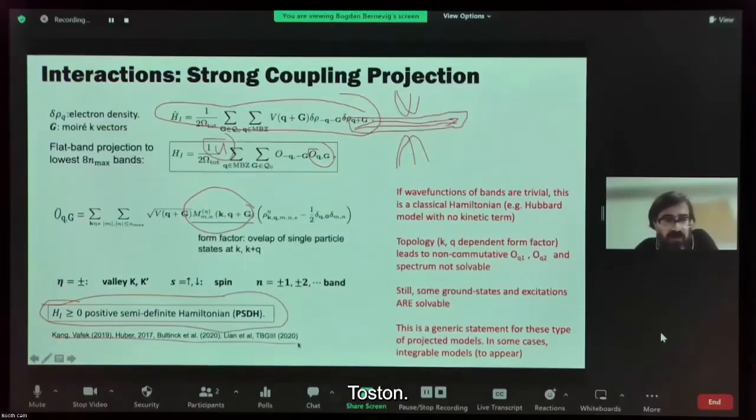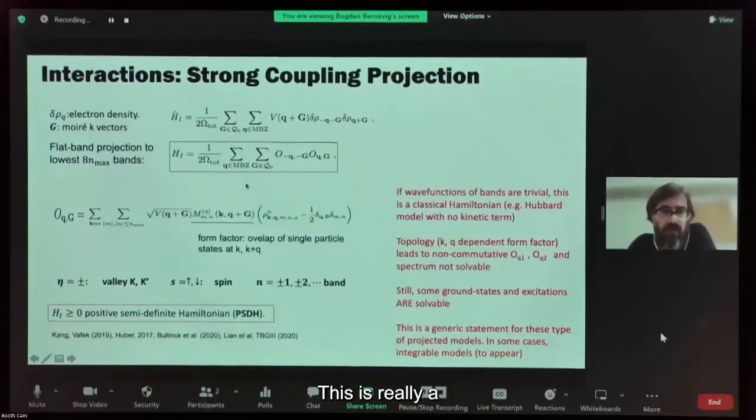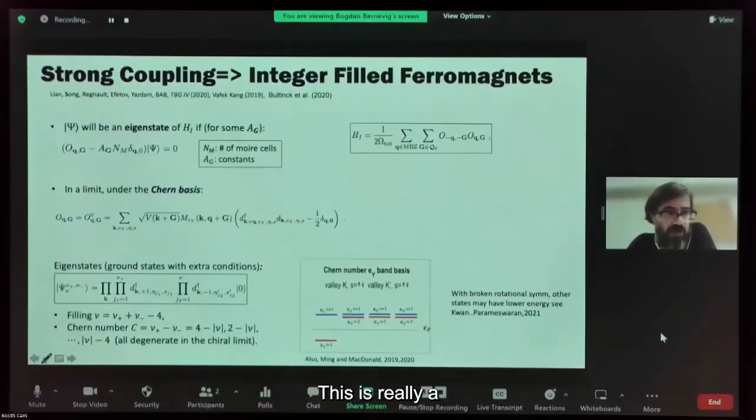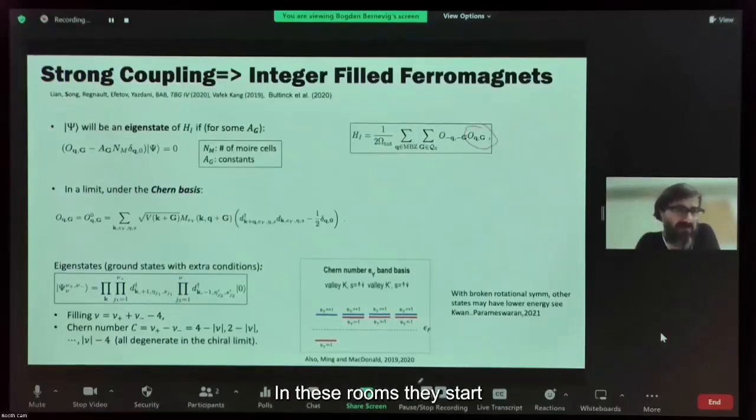And as pointed out in these papers, first by others, the same methodology applies. Since it is a positive semi-definite Hamiltonian, you can find an eigenstate or a ground state if this operator annihilates it. Okay, if this annihilates it, you found the ground state.